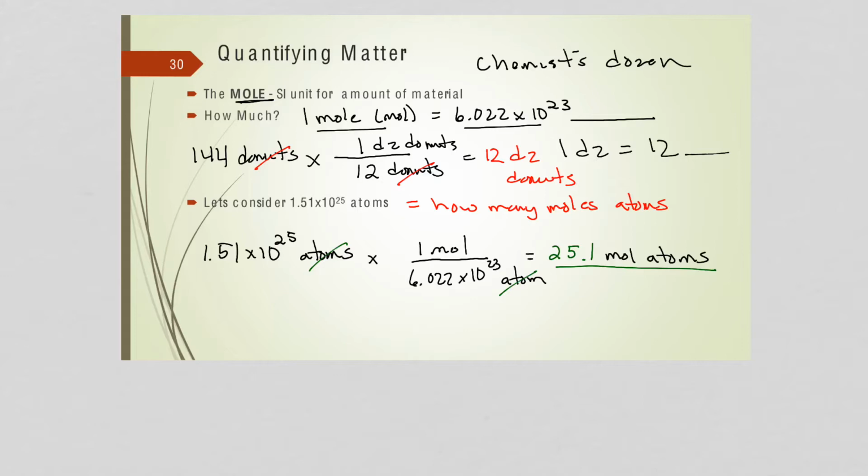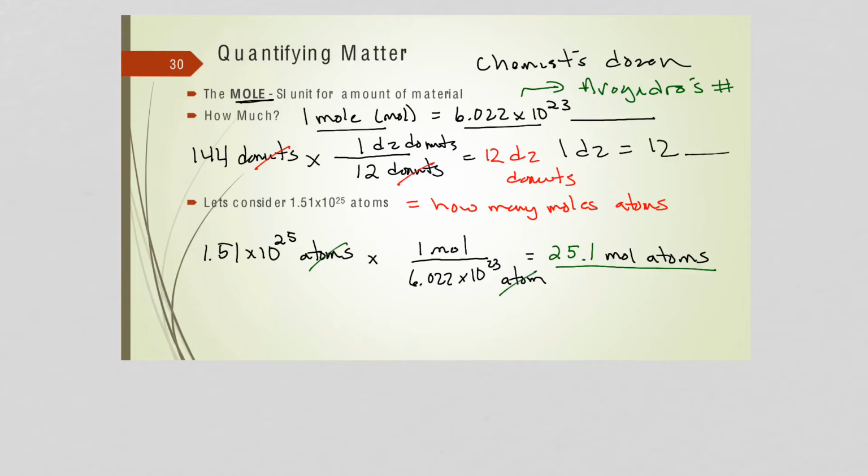So now I can talk about this huge number of atoms by just saying I have 25 moles of this particular type of atom. So it's a way that we can count large numbers efficiently, representing them by a number of moles as opposed to a number of individual atoms. You might also hear this referred to as Avogadro's number. It is another way that we talk about this number.